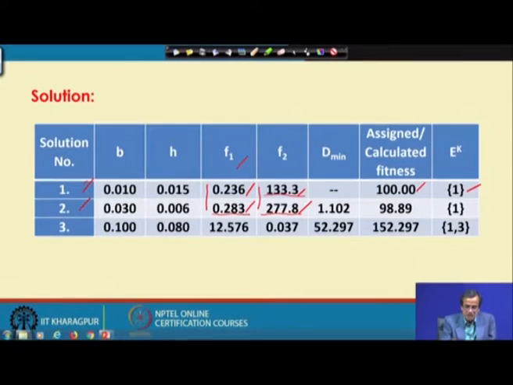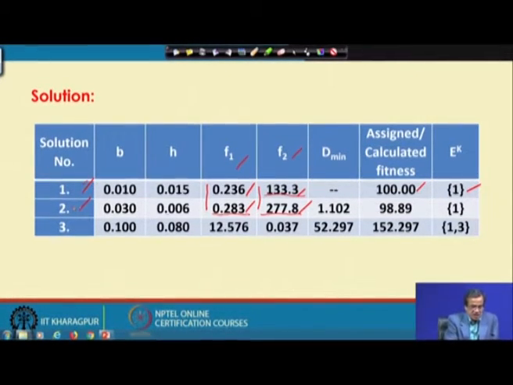But as I told, our aim is to minimize both the objectives F1 and F2. Unfortunately, corresponding to the second solution, both F1 and F2 are found to be worse compared to the respective values for the first solution.